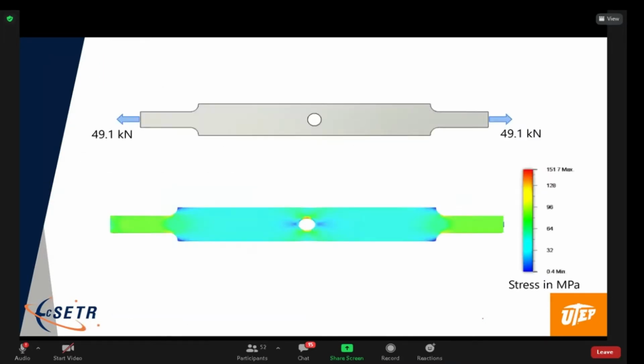Okay, so just for the heck of it, I did the same problem to show what's going on, but I solved it in Fusion 360 using the finite element solver in there.